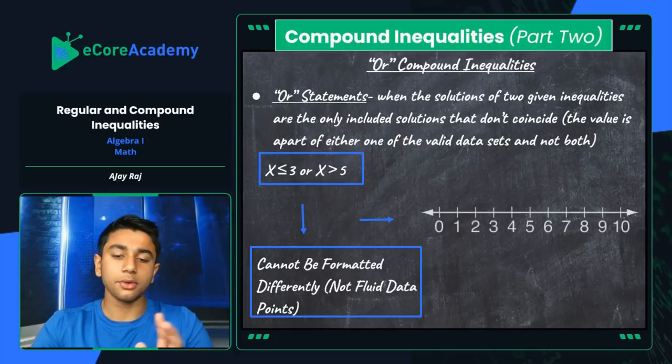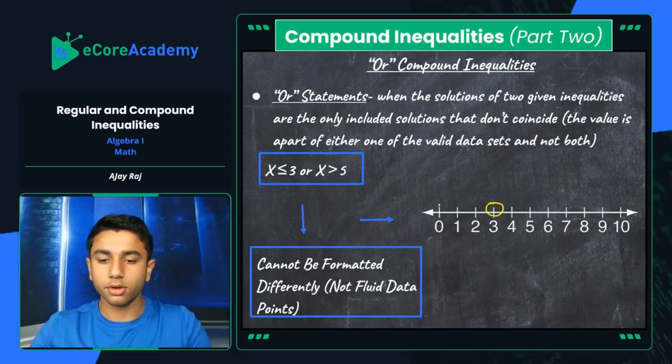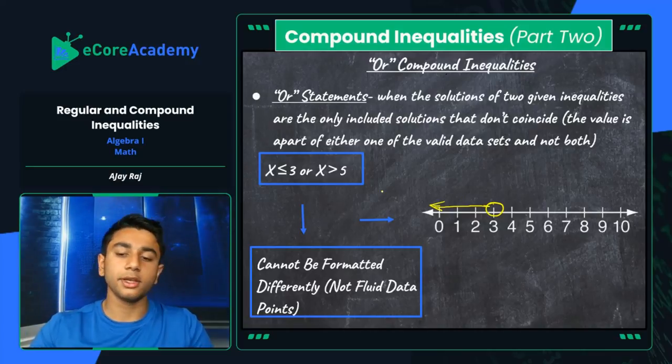Now, graphically, how exactly would you represent that? Well, you can just think of it as two separate inequalities that you're graphing. So we have x is less than or equal to 3, so we're going to circle x right here, and then we're going to move onwards towards the left. So x is going onwards towards the left because it's decreasing.